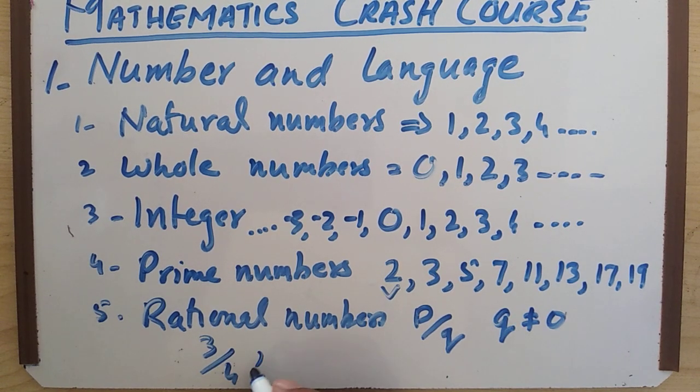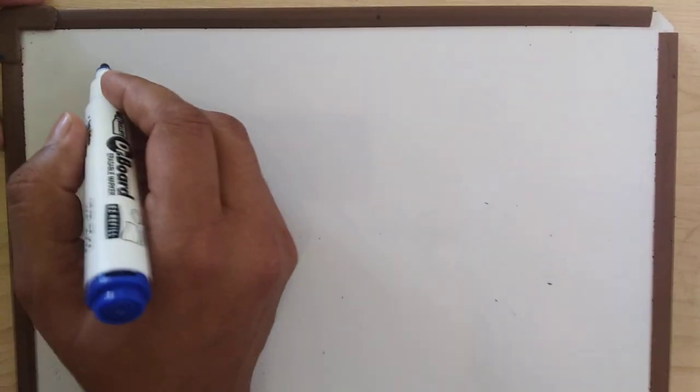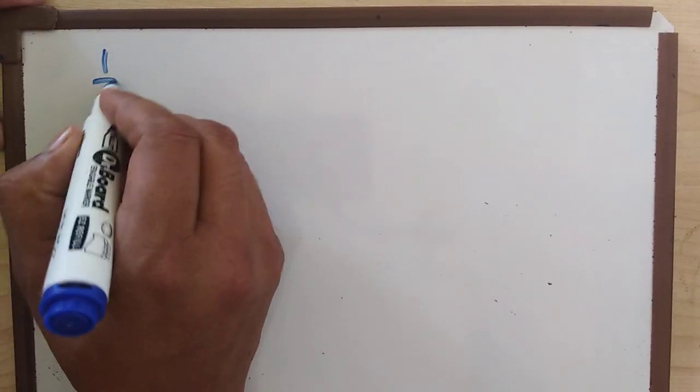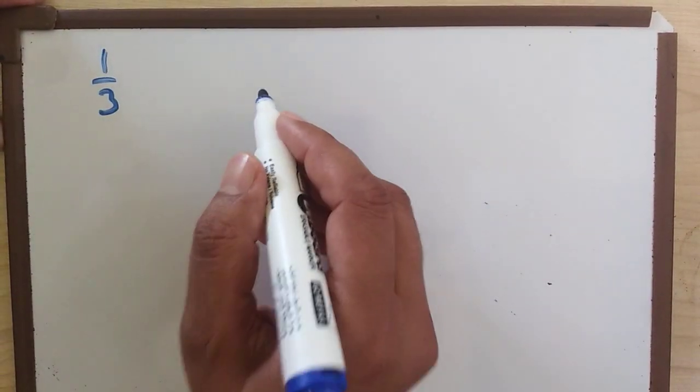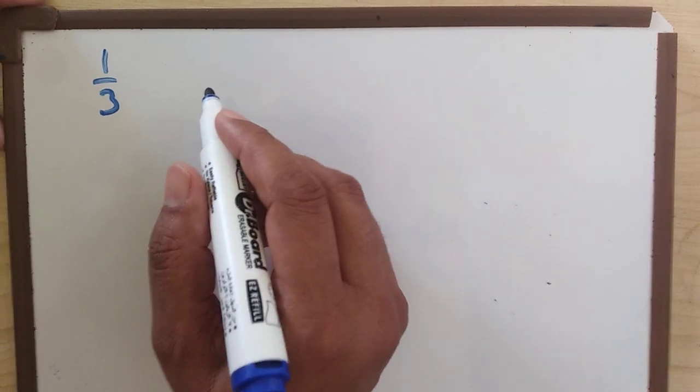For example, another number we are going to discuss is 1 upon 3. This is a rational number.